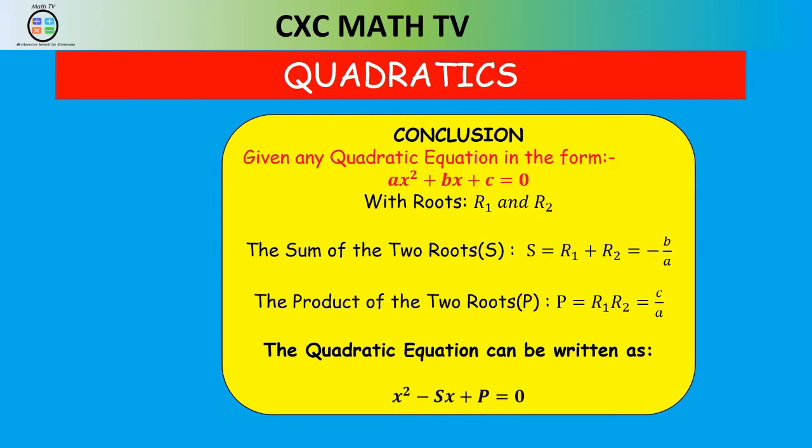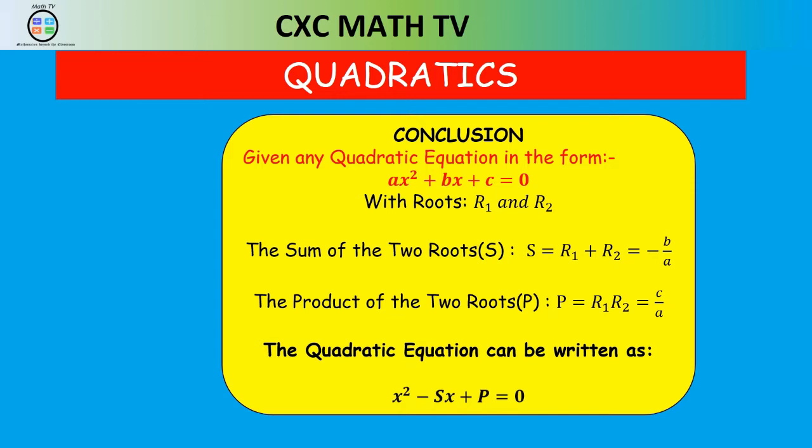That's how we find the sum of the two roots. The product of the two roots, P, which is r1 times r2, can be found by c over a. The quadratic equation can also be rewritten as x squared minus the sum of the roots times x plus the product equals 0.